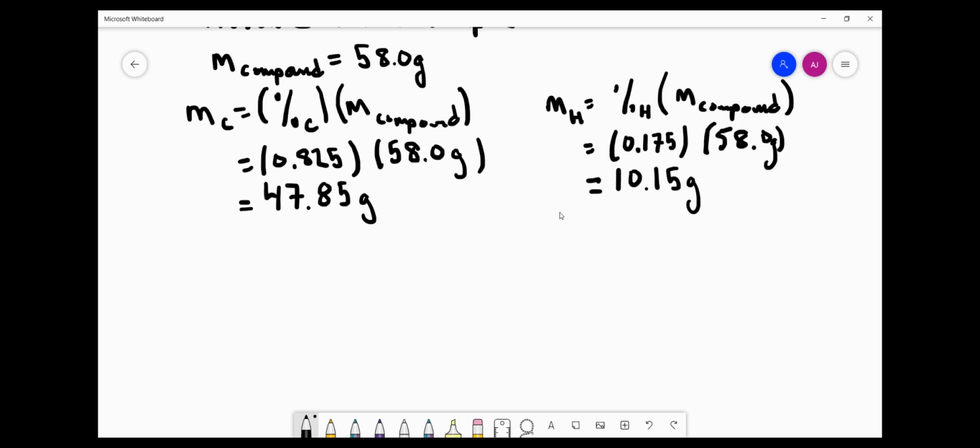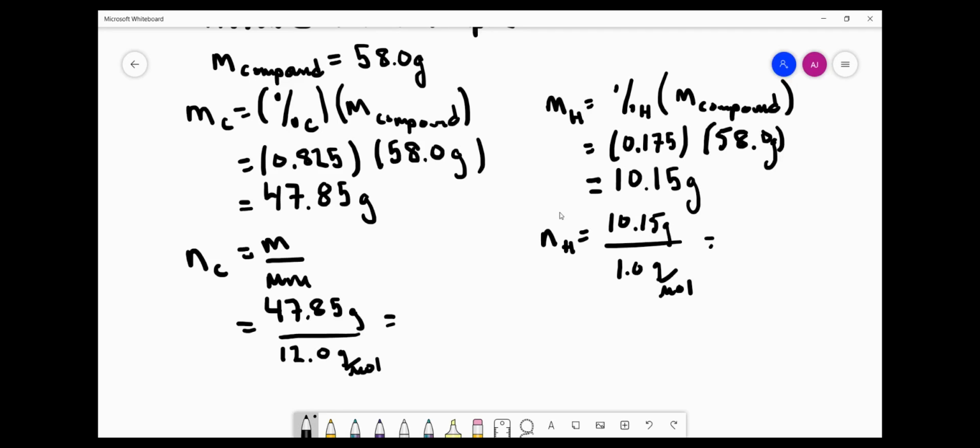My next step is to convert these masses into moles, so to turn a mass ratio into a ratio of moles. Remember that whenever we're doing a mole to mass calculation, the molar masses that we're using are the molar masses for whatever particle or substance we're talking about.